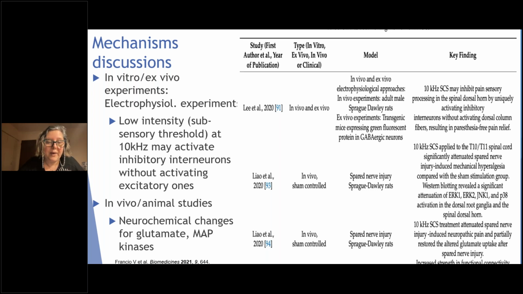There are also some effects on neurochemical changes for glutamate and MAP kinases. Those papers are emerging. As you can see, they're very, very new, and they're trying to understand the mechanism of action behind a clinical finding.